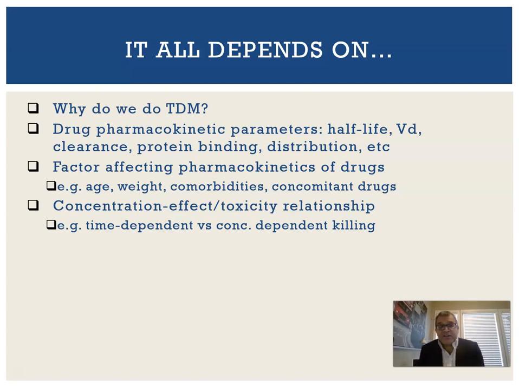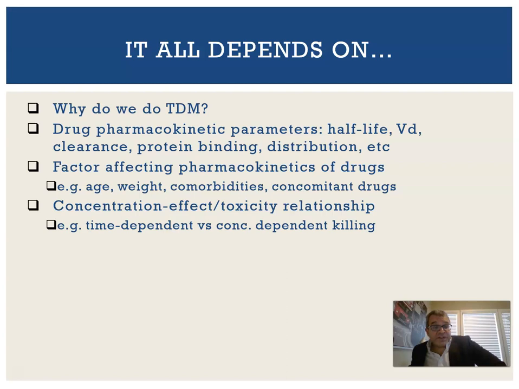So for steady state, you need to know the drug half-life, VD, clearance, protein binding, and distribution, the kinetic characteristics, but generally it takes 3 to 5 half-lives for the drug to reach steady state. Many factors affect the pharmacokinetics of drugs: concomitant drugs, comorbidities, age, and weight, right? And this might affect when you need to measure the level.